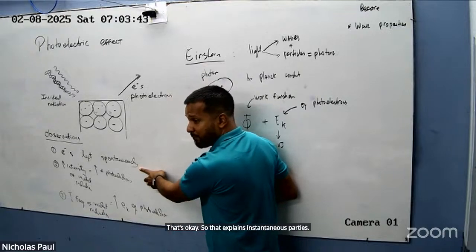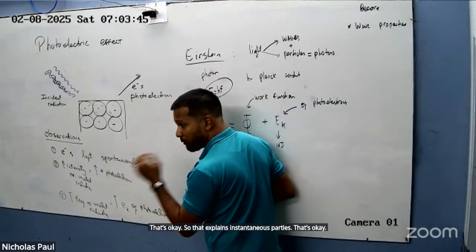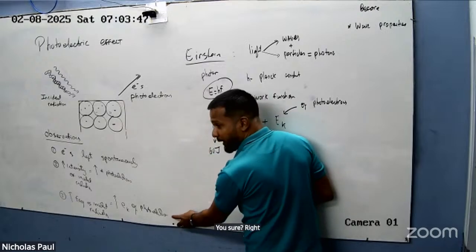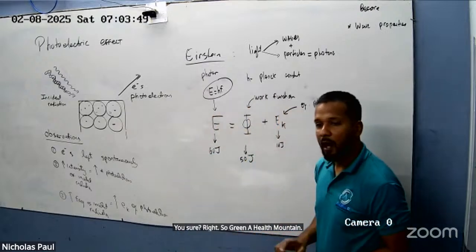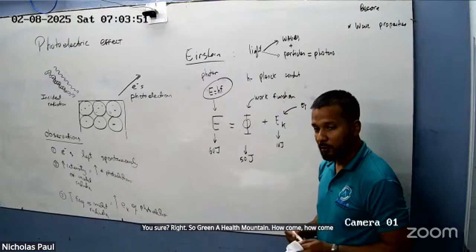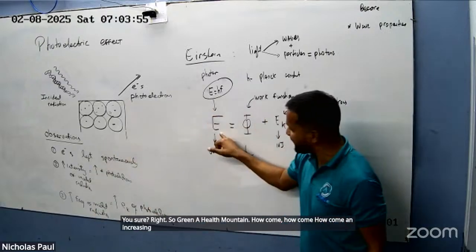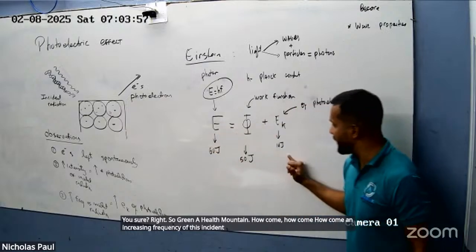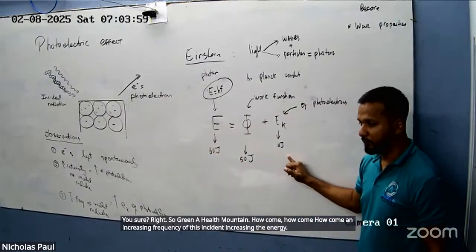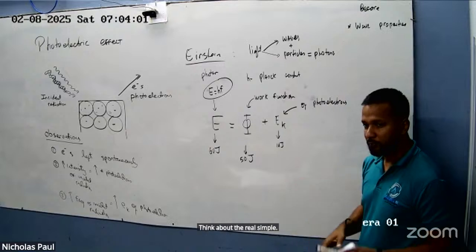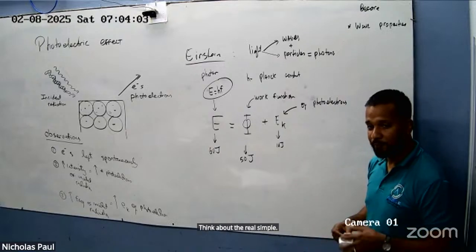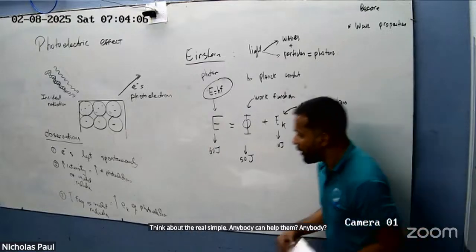That's okay? You sure? Right, so Vinay, help me out here. How come an increasing frequency of the incident radiation increases the energy? Think about it, real simple. Anybody can help him? Basically, increase in frequency.